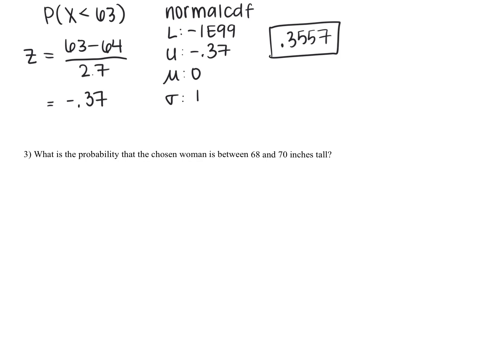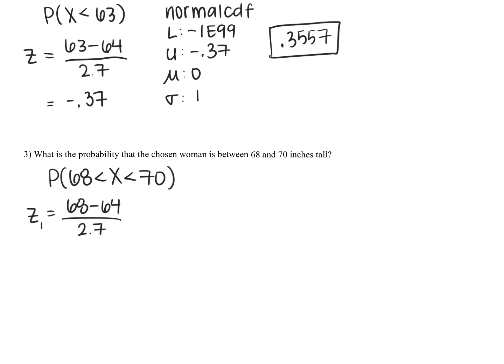Then for our last example, the probability that the chosen woman is between 68 and 70 inches tall. So that's the probability that 68 is less than x is less than 70. My first option is to calculate both z-scores. So 68 minus 64 over 2.7.